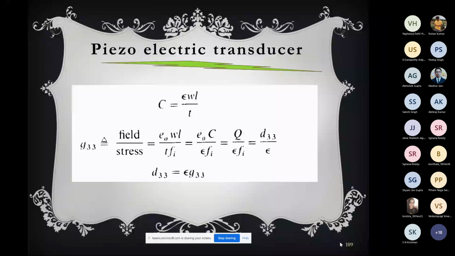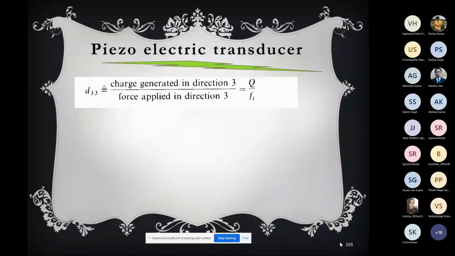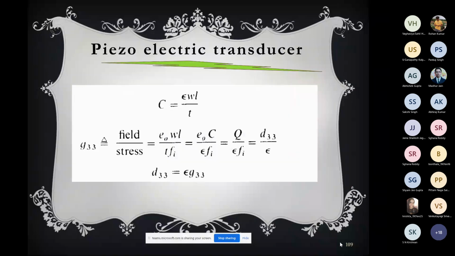Now this is G. You have seen that the G constants relate the output voltage with the force applied. If you want to relate the charge produced with the applied force, then the D constant is important, so it will be Q by Fi. So the D constant relates the charge with the input force, and the G constant relates the EMF and input force.